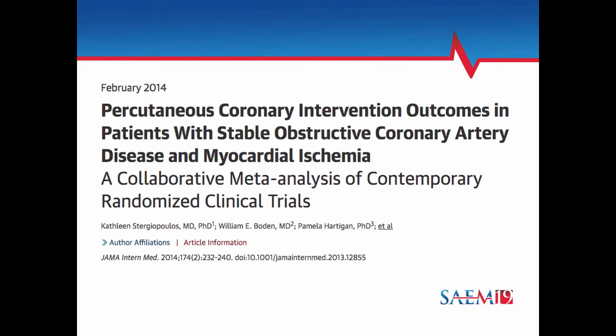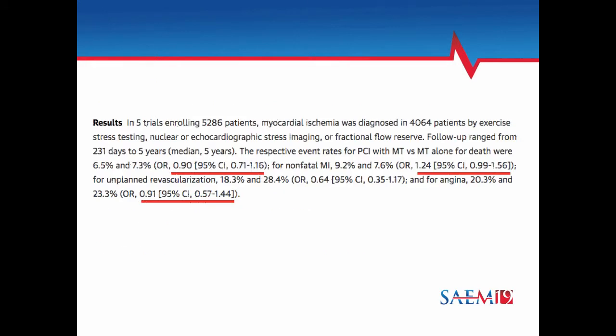They are not having ischemia at the time. And this meta-analysis showed that stenting of patients with stable obstructive coronary artery disease does not reduce mortality, does not reduce non-fatal MI, and does not reduce anginal symptoms.